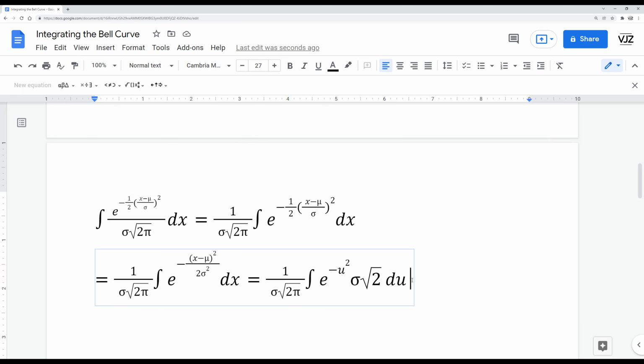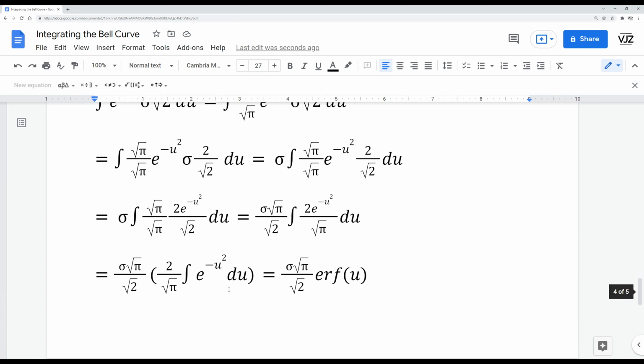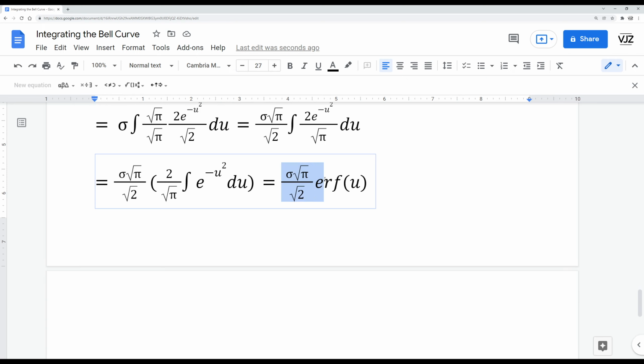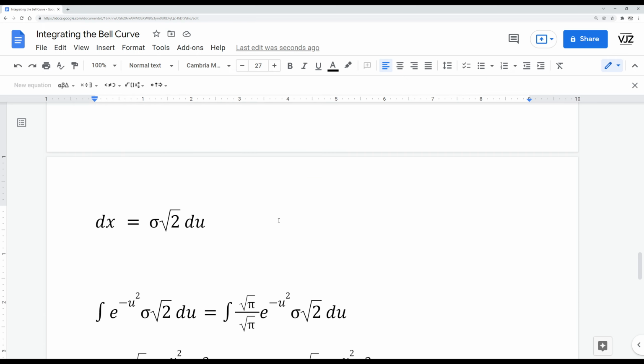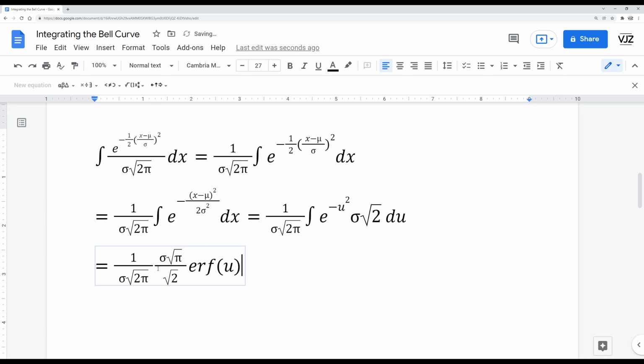Now let's put it back here. This becomes this. This integral is gone. It will be replaced by this. Now here is where the fun truly begins.